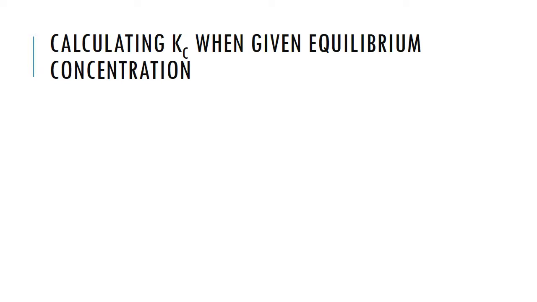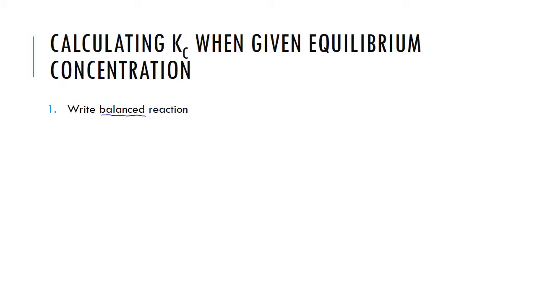First setup: calculating Kc when given the equilibrium concentrations of all your reactants and all your products. We did see this in 7.1 video 2, but we're just going to revisit it here again. First thing you want to do, write a balanced reaction. And I cannot stress enough to say balanced.